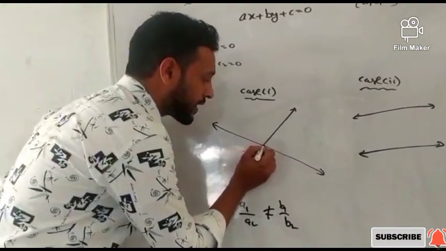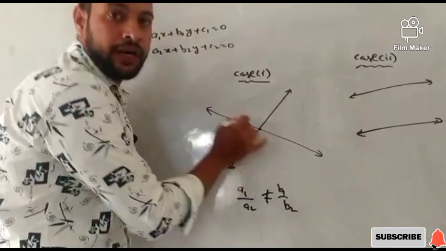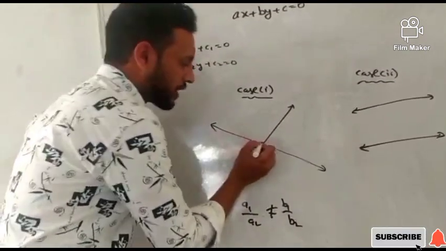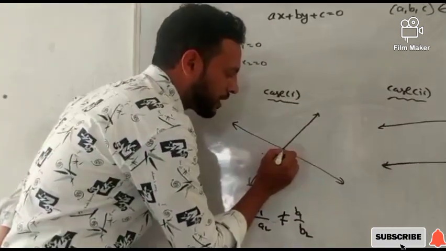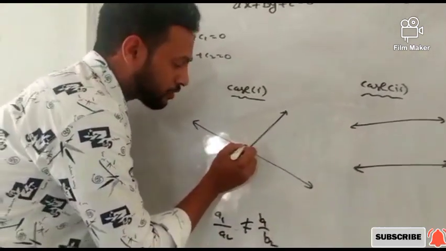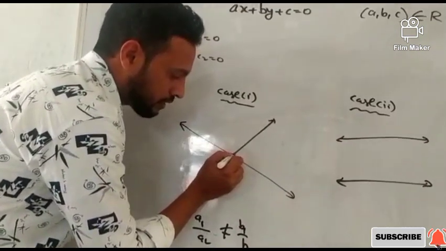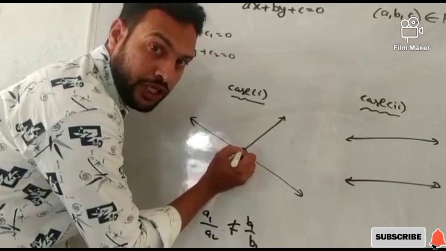If two lines are intersecting, you have one solution, one common point. We will discuss this common point later.